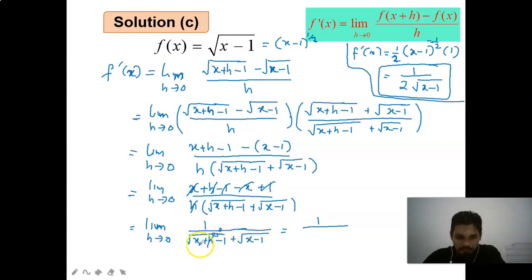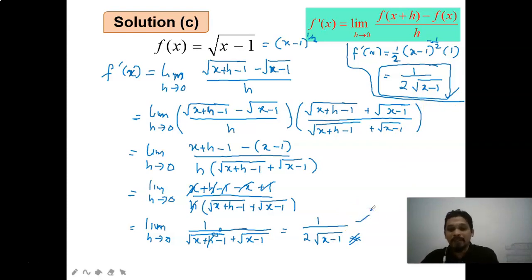Same term, right? The square root of x minus 1 plus the square root of x minus 1 equals 2 square root of x minus 1. There you go.